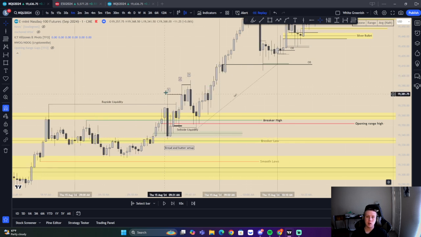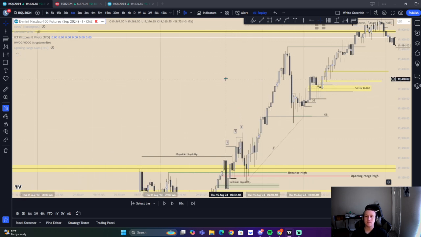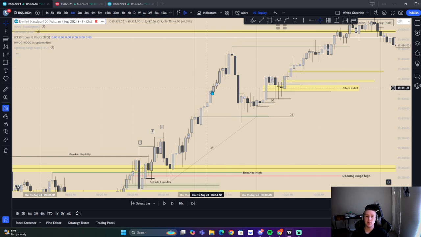Then displacement higher. We have a 1, 2, 3 drive, but that's not significant because order flow tells us we have a stop on right here. Displacement higher right here. Then we have the 9:50 macro. We just weren't at a higher time frame PD array, and regardless of whether this was going to be a short, this is just a leg to generate liquidity to entice sellers into the market.